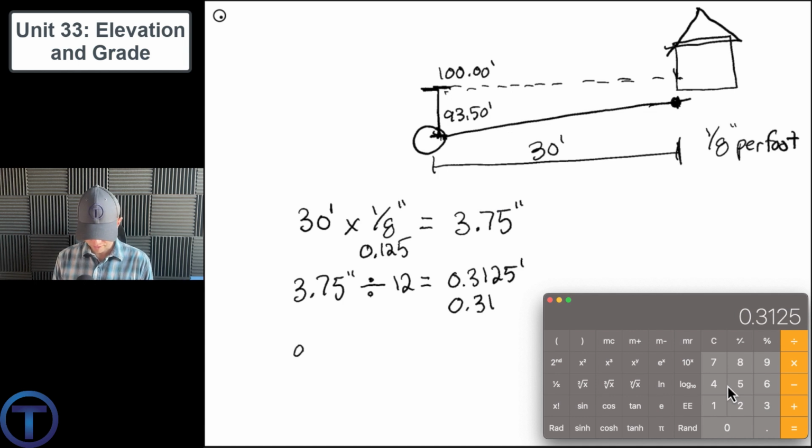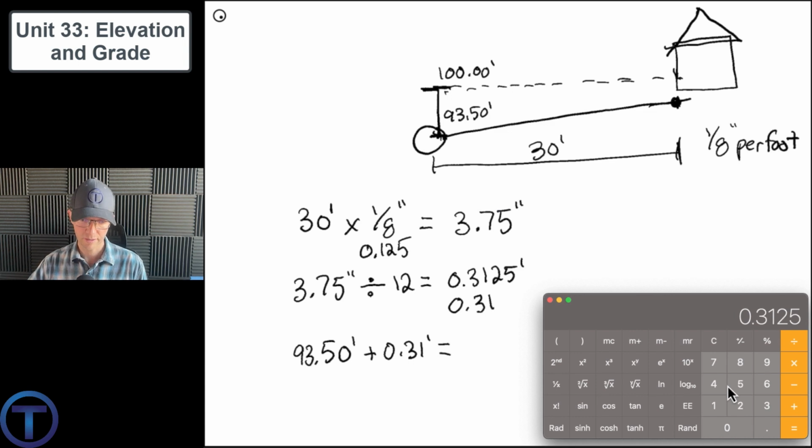We're given on the low end that we have 93.50 feet. Then as it slopes up over to here, we know our difference now. In decimal feet, it's 0.31 feet. So we can add those together.